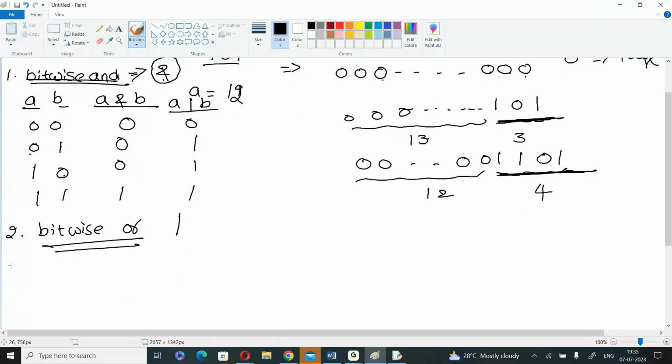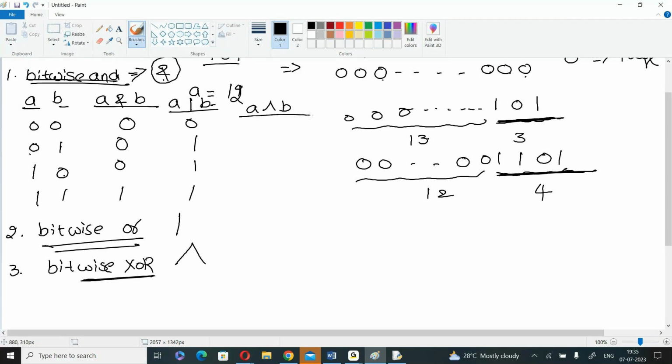And the third operator is bitwise XOR. The symbol is the cap symbol. On your keyboard, it is above the letter 6. Now a cap b, what is the output?